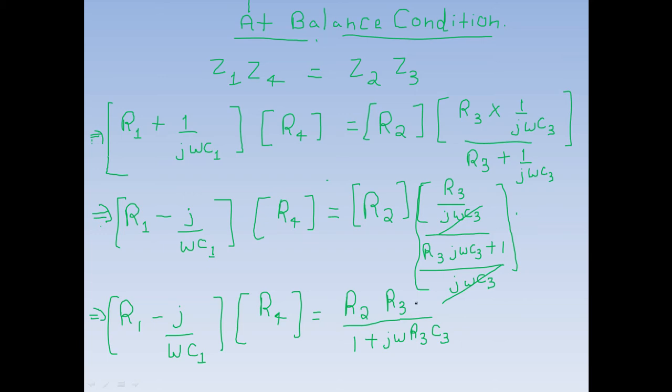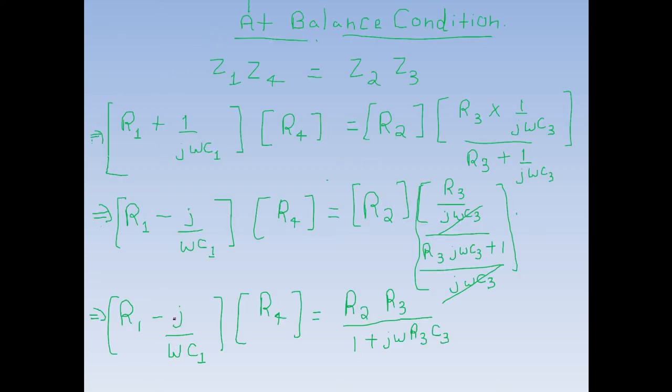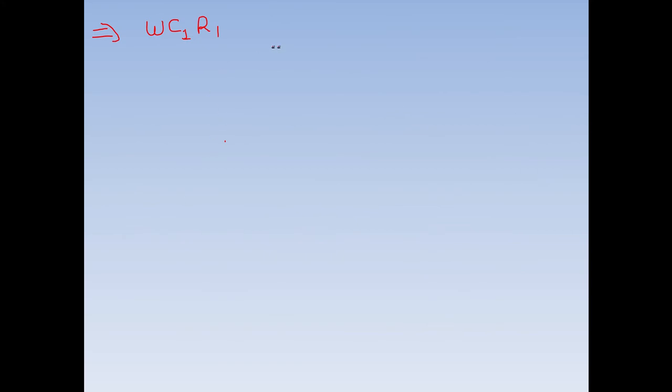Okay, now if we solve it further, what do we get? This gets multiplied by omega C1 here, so omega C1 R1 minus j, upon omega C1.